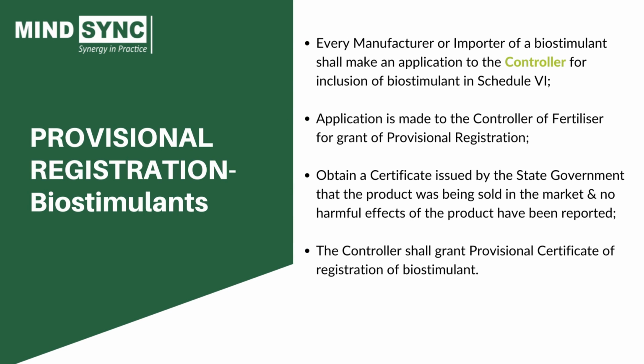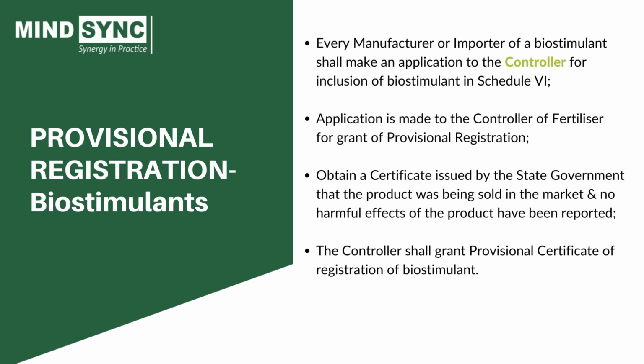Every manufacturer or importer of biostimulant is now required to apply to the controller, along with the supporting data relating to chemistry, bioefficacy trials, toxicity, and heavy metal analysis report, for specifying it as a biostimulant, and for inclusion of biostimulant in Schedule 6. The manufacturer shall make an application to the controller of fertilizer for grant of provisional registration.